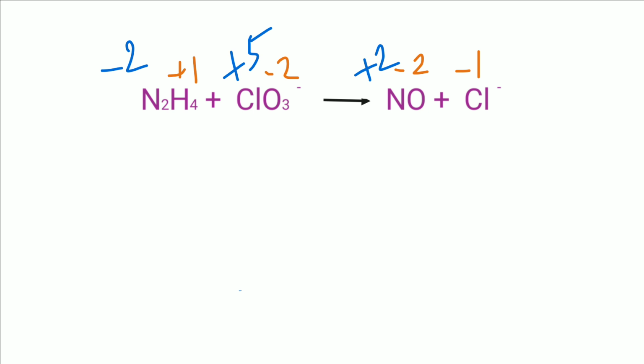Now we can check the decrease and increase in oxidation numbers of these atoms, nitrogen and chlorine.